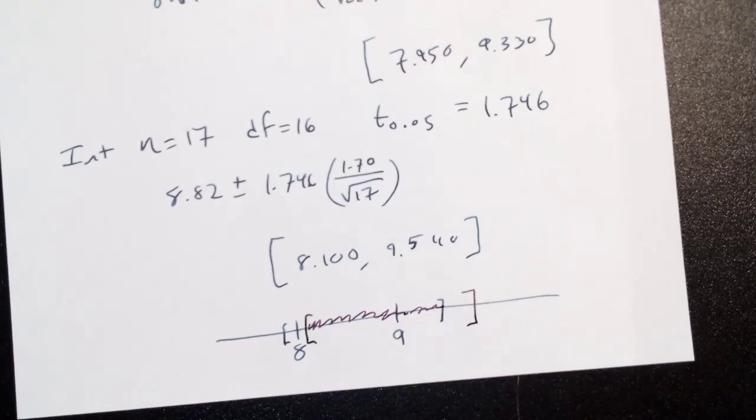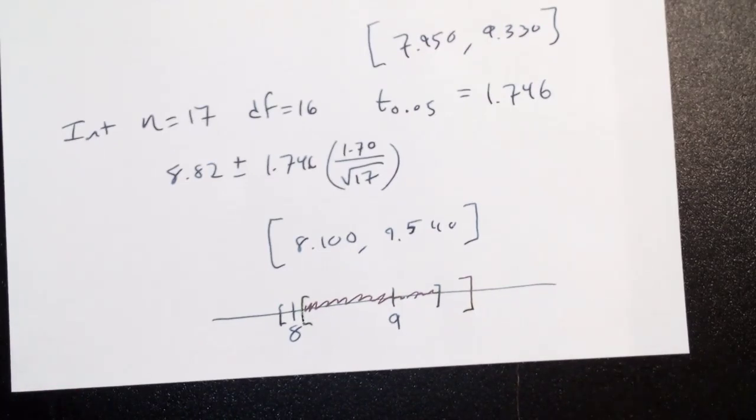If there's a whole lot of overlap, then I can say with some level of confidence, the means for these are probably the same. If they overlap a lot, that difference should be zero. Questions?